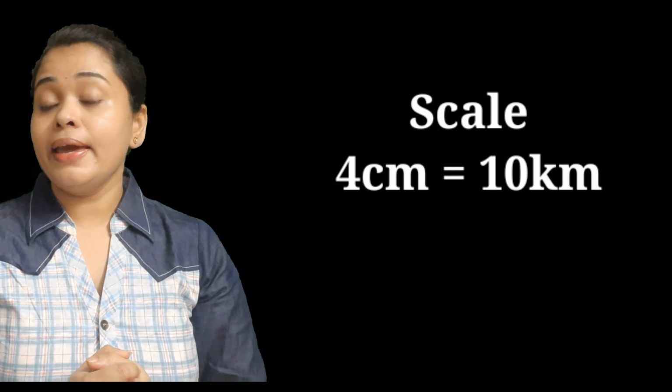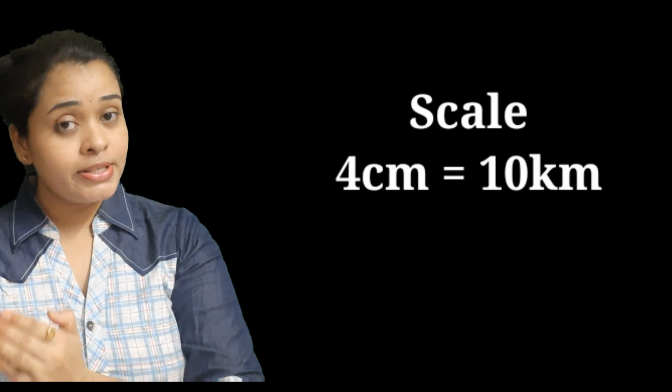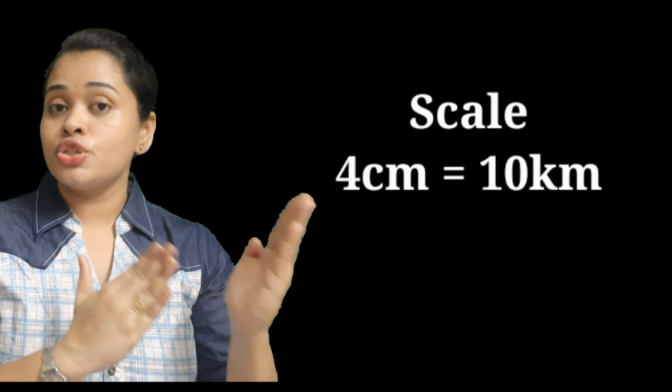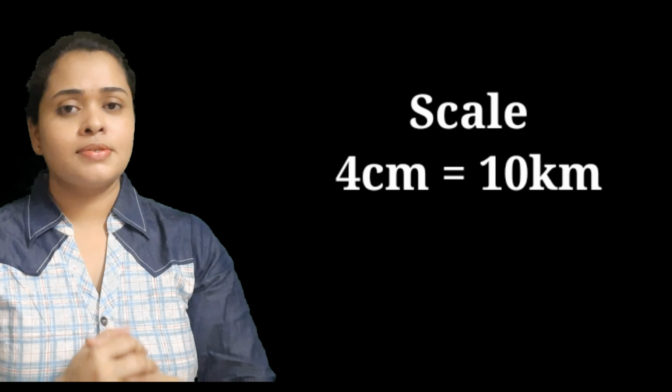For example, the distance between your school and your home is 10 kilometers. It is shown by 4 centimeters on a map. Thus, the scale of drawing is 4 centimeters is equal to 10 kilometers.